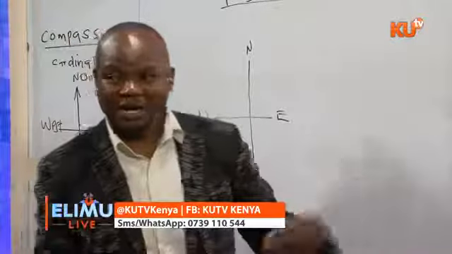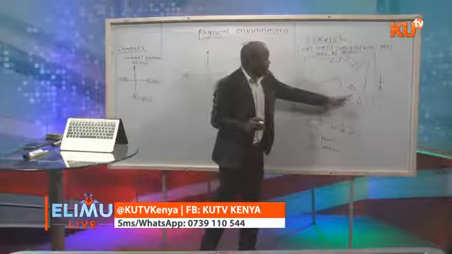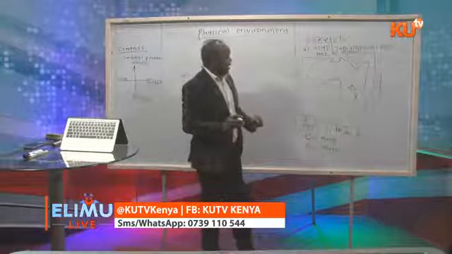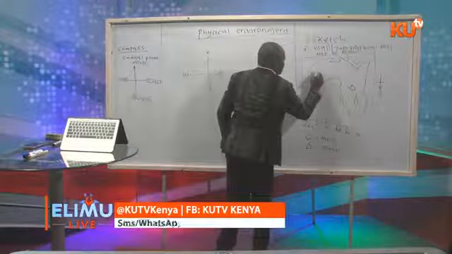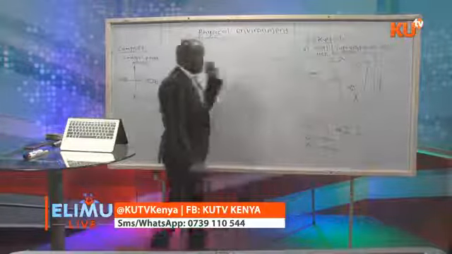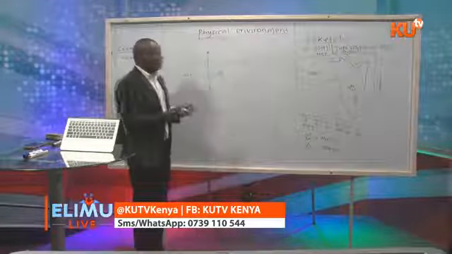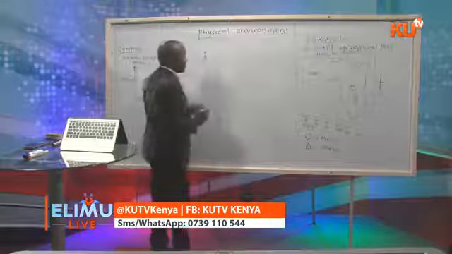For example, I'll give it a relevancy to our map here. When somebody is at the mosque and there is a market at that place, and you want to locate, how will you be able to locate? You are going to use the compass.